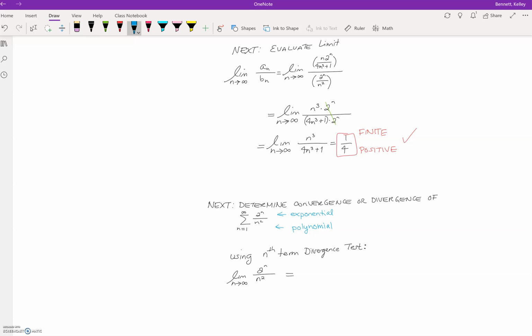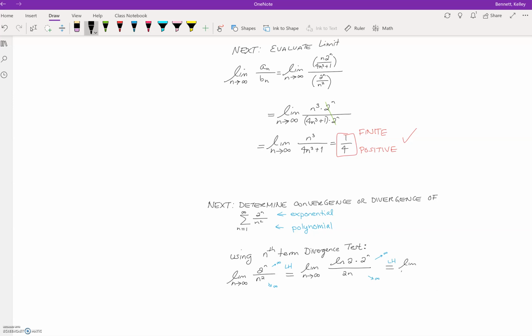Because this is going to infinity over infinity, we can use L'Hopital's rule. And so we'll get the limit as n goes to infinity of the natural log of 2 times 2 to the n over 2n. And this is still in the indeterminate form infinity over infinity. So I'm going to use L'Hopital's rule again.